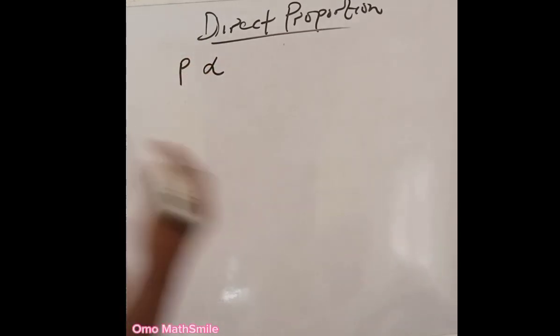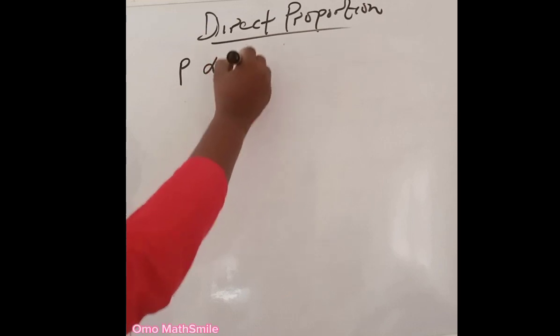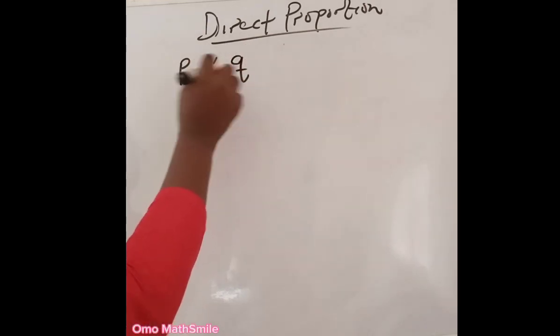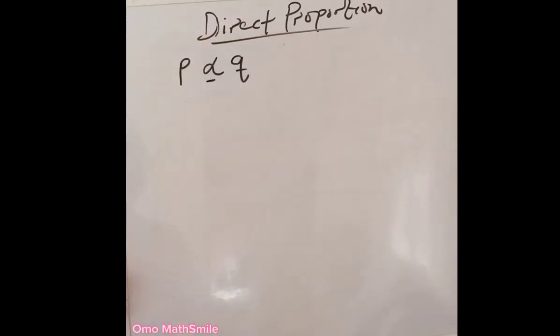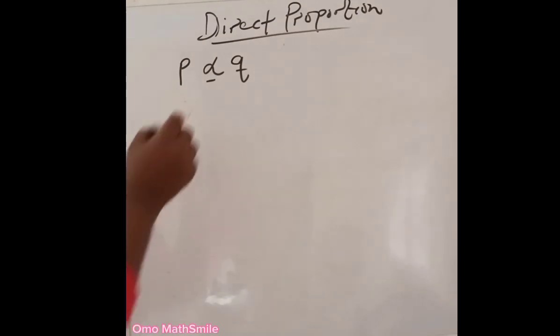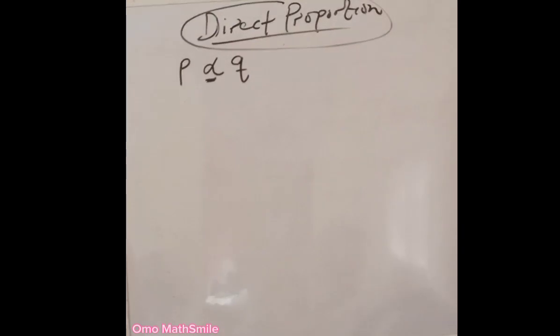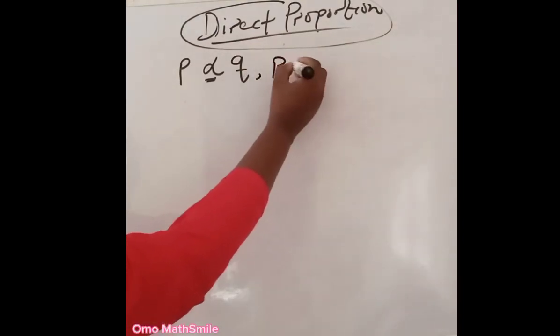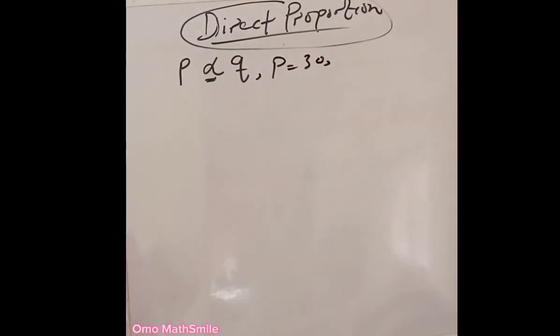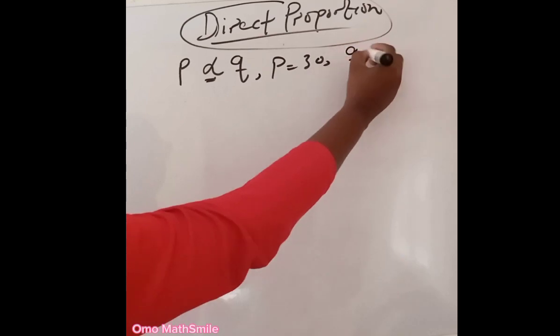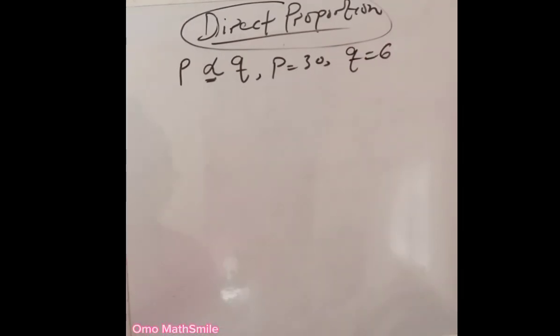So we have P is directly proportional to Q, and that's the symbol for direct proportion, or direct variation. So P is directly proportional to Q. We have P equals 30, and we are given Q equals 6. What are we expected to do here?